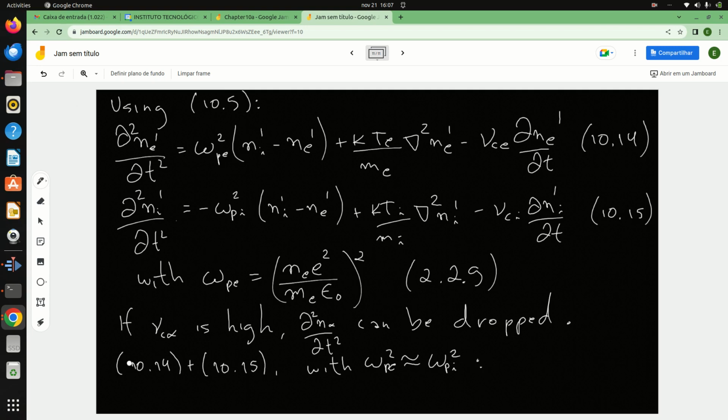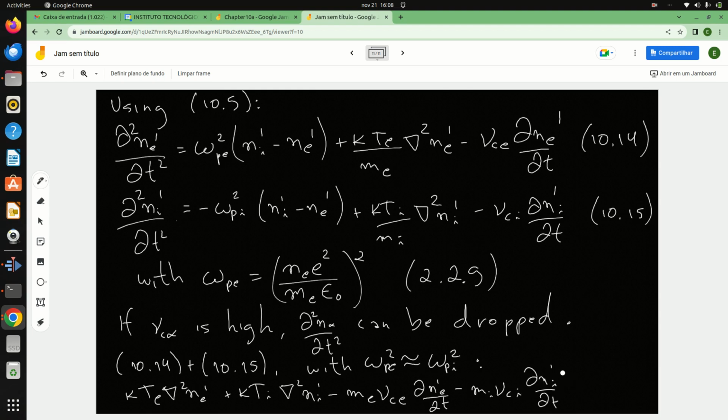And without the second order derivatives, we get KTE Laplacian of this plus KTI Laplacian of this minus ME nu CE derivative of this with time minus MI nu CI derivative with time equal to 0.